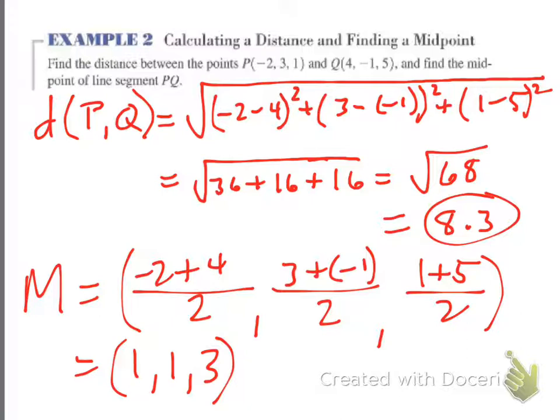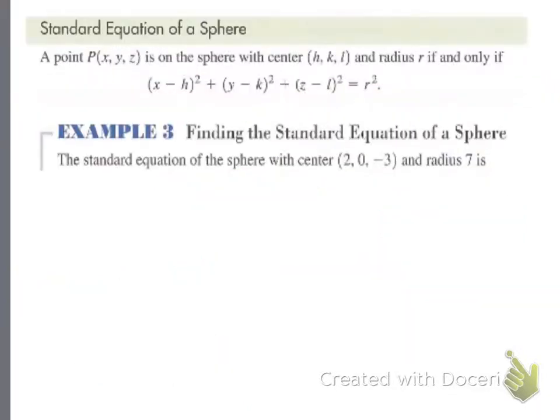So, like I said, distance and midpoint are really easy to find. You just add the z's to your formulas. All right, so spheres are 3-dimensional shapes.